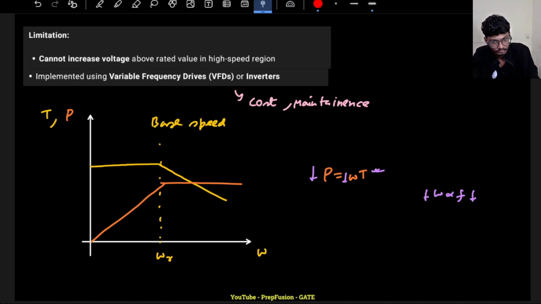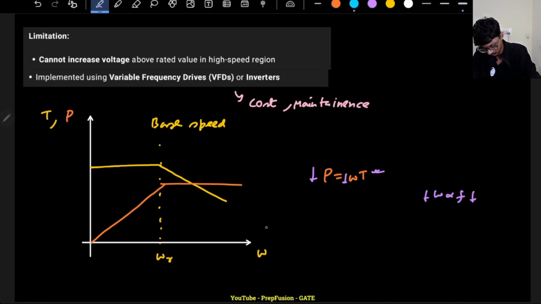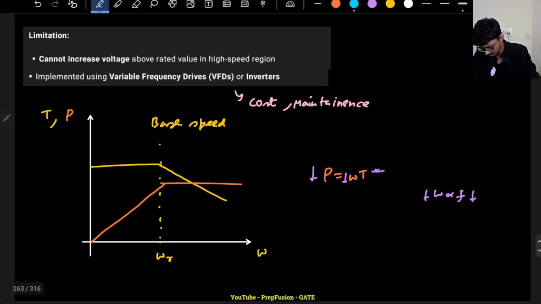One more thing is, how can I find out the torque equations below and above base speed? Below base speed, the torque is constant. If below base speed the torque is constant, that means my V by F is constant, right? So I will do the analysis below base speed.